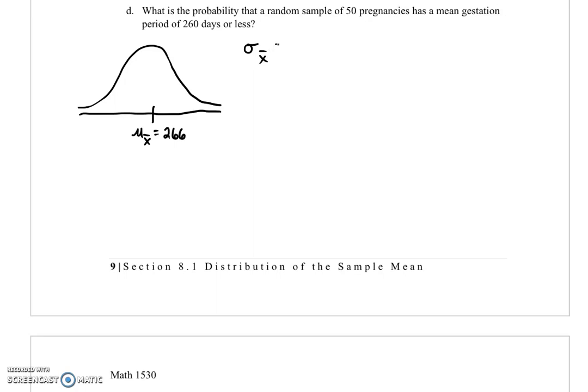Our standard error of the mean is this time 16 over the square root of 50. And we need the probability that it's less than 260 days again.